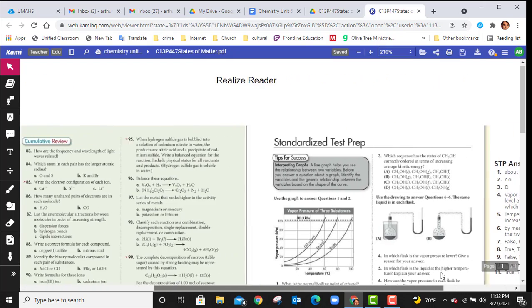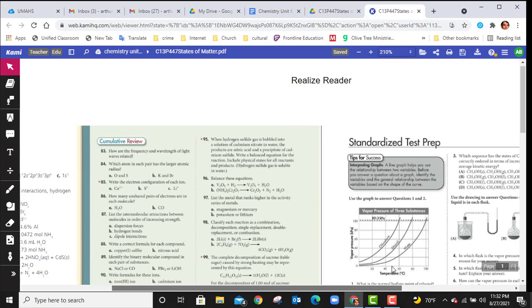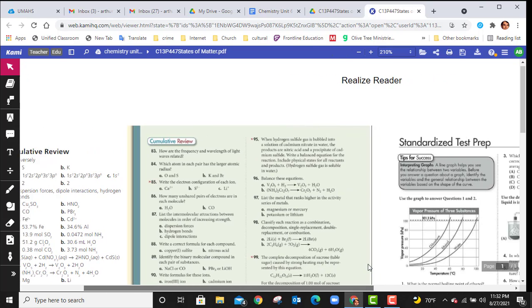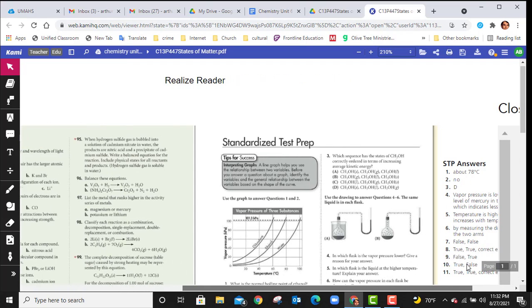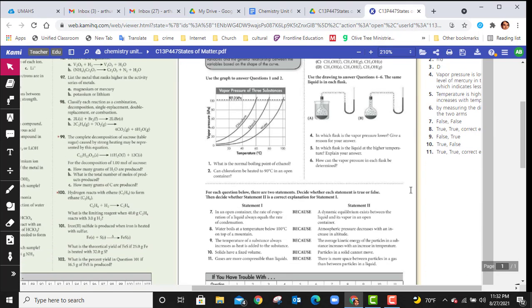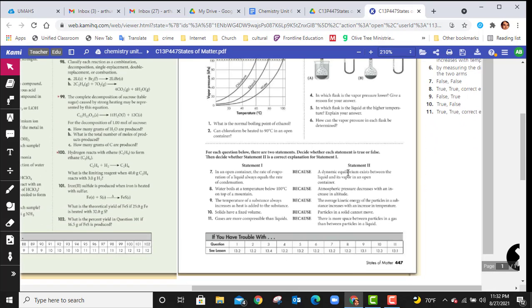And what you're looking at is the standardized test prep. There are a few end of chapter problems that I captured as well with the key, but what I'm focusing on as the summative assessment is the standardized test prep. It has a variety of question types: open-ended, short answer, multiple choice.